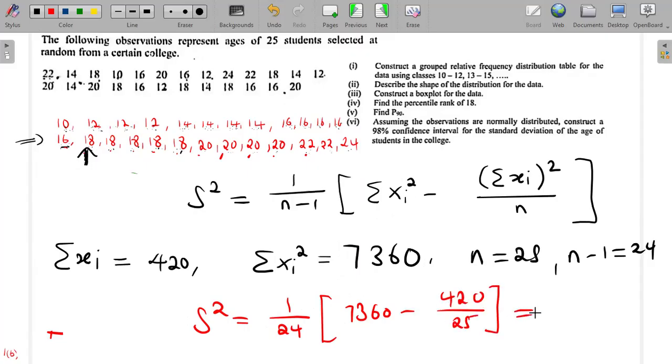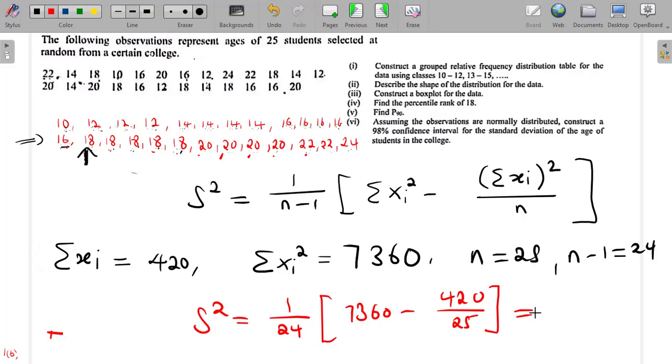Let the calculator do that job. 420 divided by 25 is 16.8. So 7360 minus 16.8, then multiplied by 1 over 24.